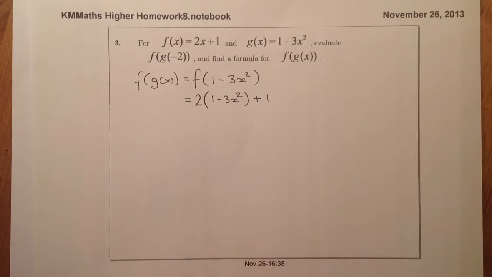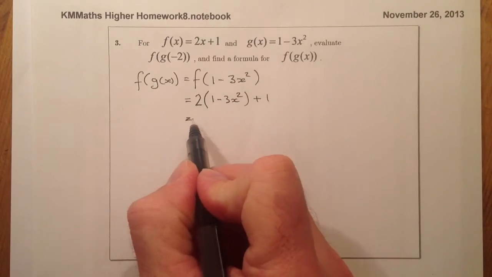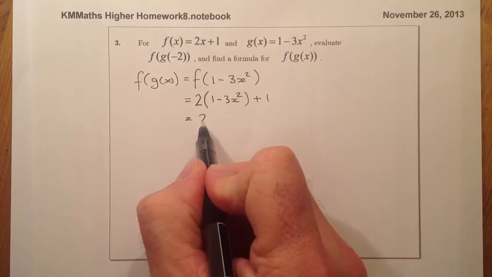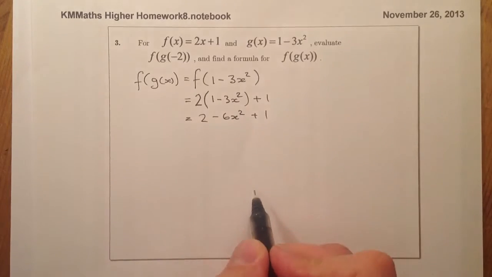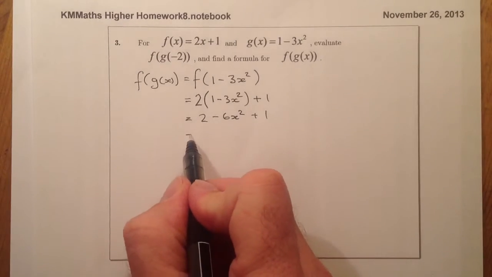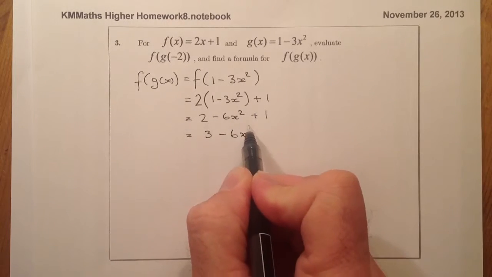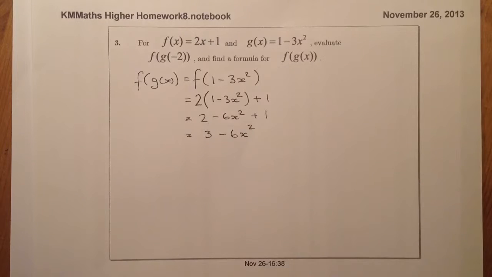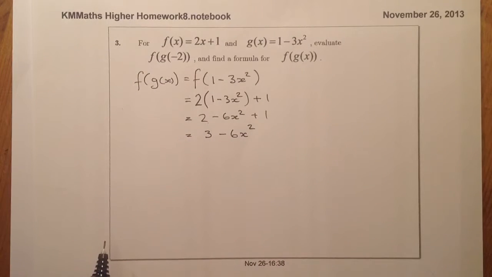I'm going to simplify that down before I substitute my values in. So I'll just multiply the bracket out, and plus 1. What I'll then do is gather the numbers to the front, so I've got 3 - 6x² there. So that's my fg(x) function.